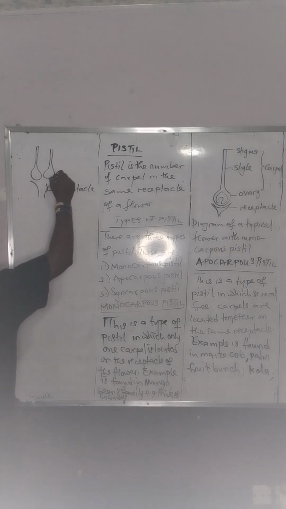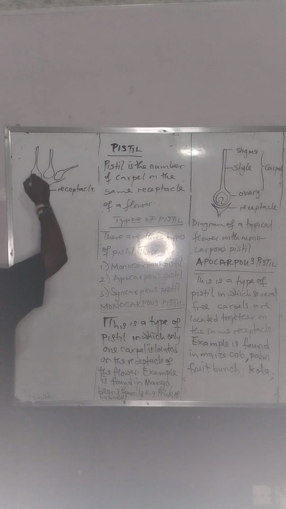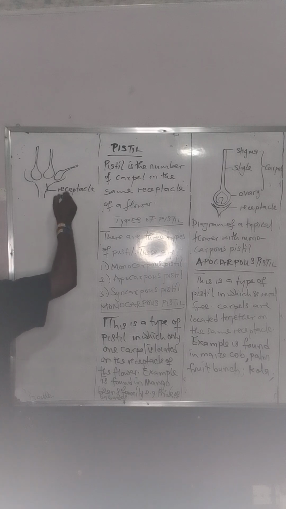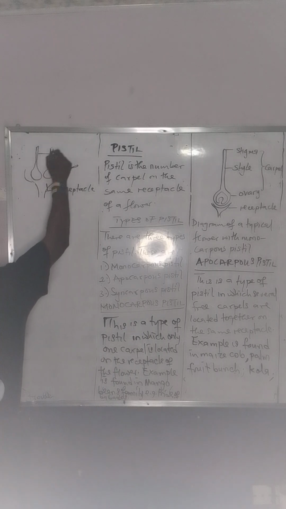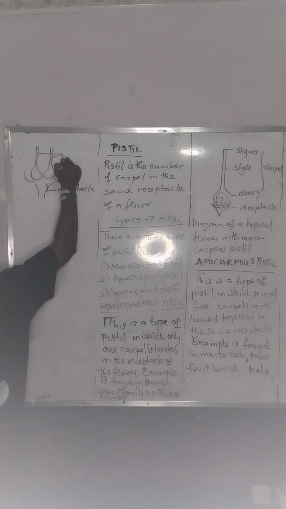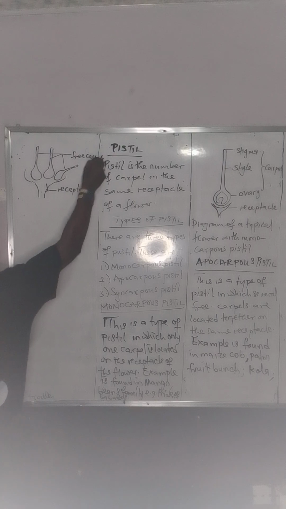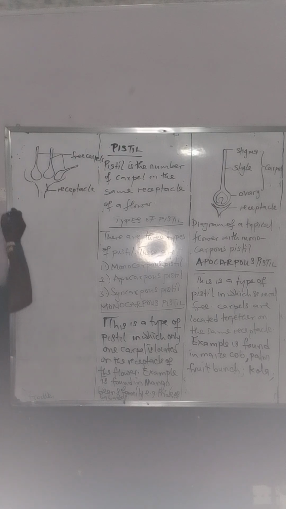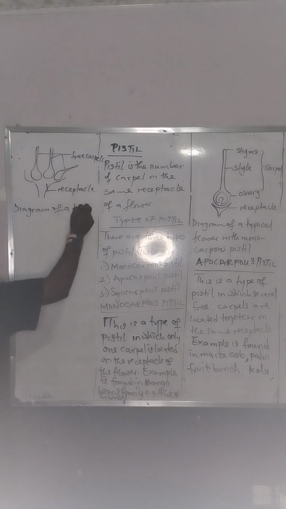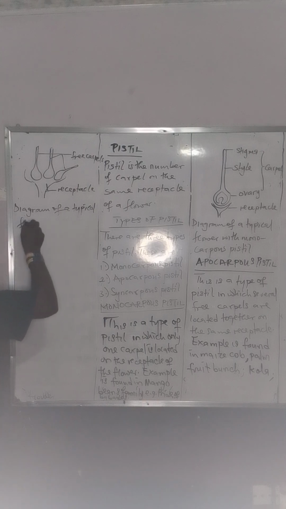You can see I have another one, but they are not fused together. So free carpels, and they are located together. This is the diagram of a typical flower with apocarpous pistil.